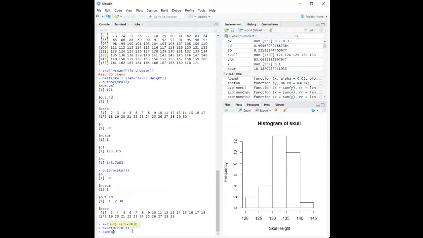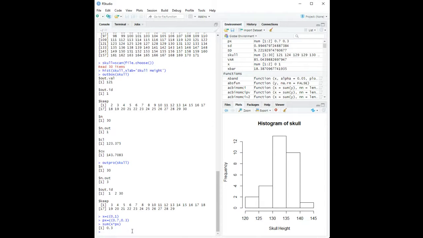To get the mean, we need to do the same, it's the same formula. So sum, we're going to do x times the probabilities. Oh, I'm sorry, I think I'm getting confused. This is a different formula. It's this one.